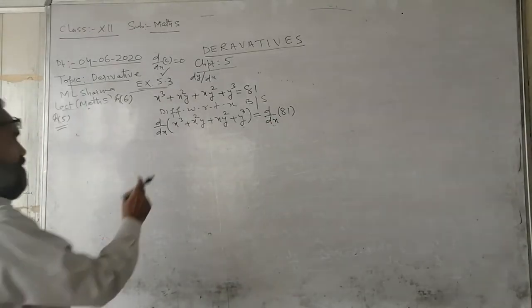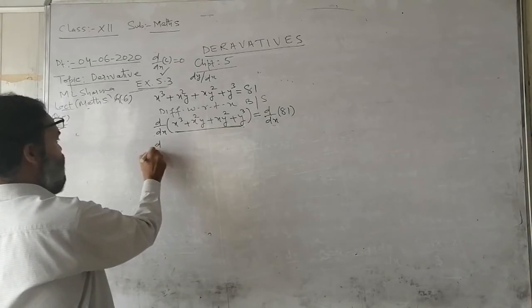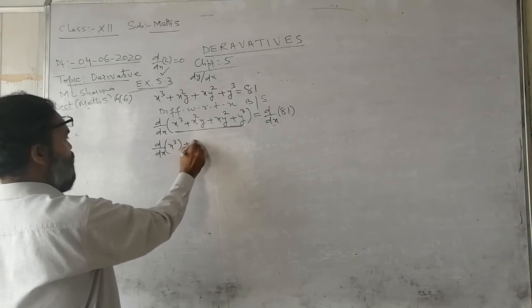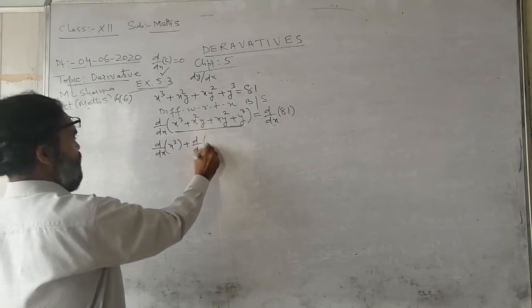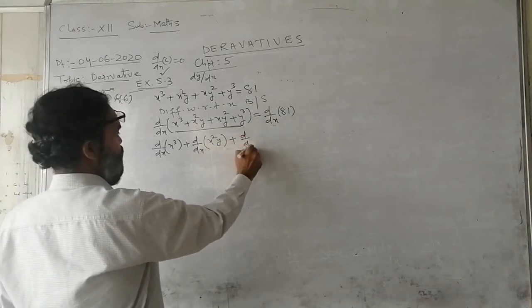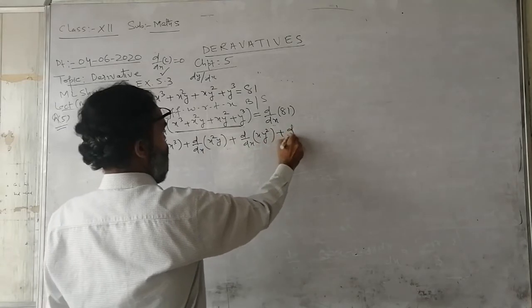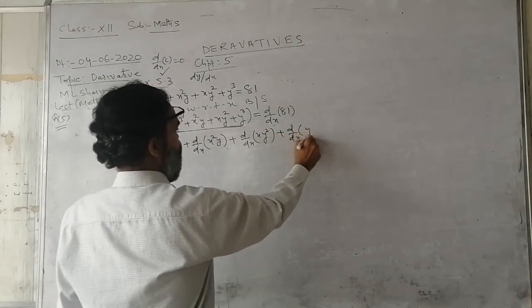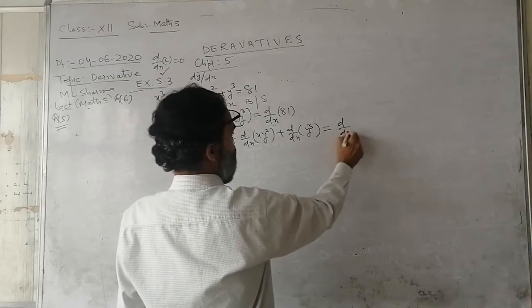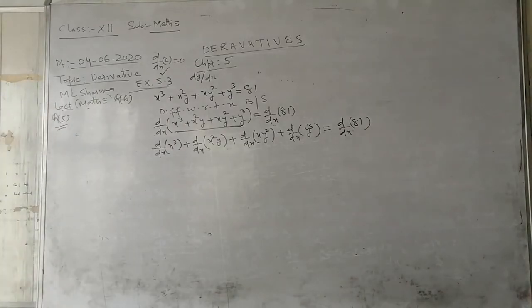So again, these terms can be separated. D upon dx of x cube, d upon dx of x square y, d upon dx of xy square, and lastly d upon dx of y cube. This will equal to d upon dx of 81. So this was the first step.